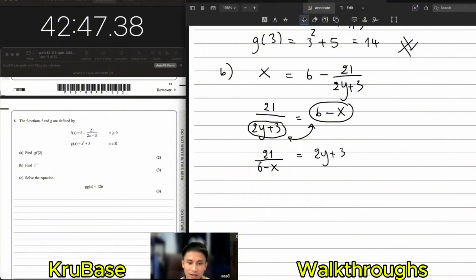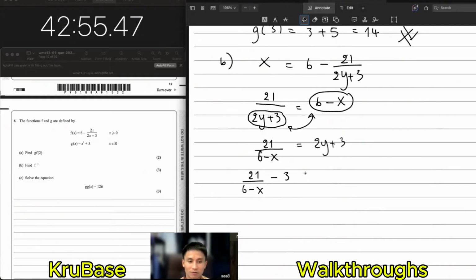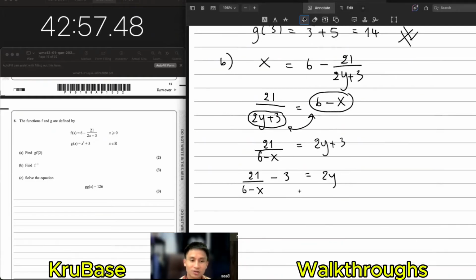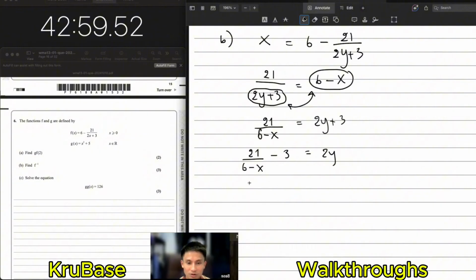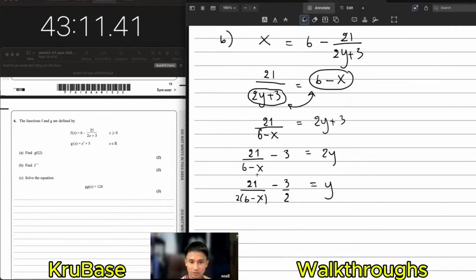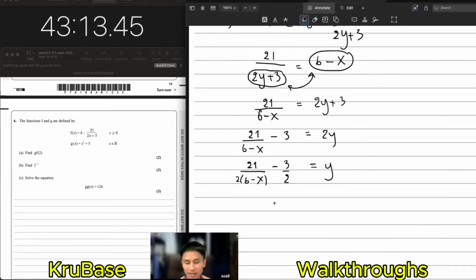Do you see that you can subtract both sides by 3 to make y become more alone, but now you have a 2y. And the rest is just dividing all by 2, right? So that would be 21 over 2 times 6 minus x here, minus 3 over 2. So that's basically our y. Just dividing through by 2, we get that.